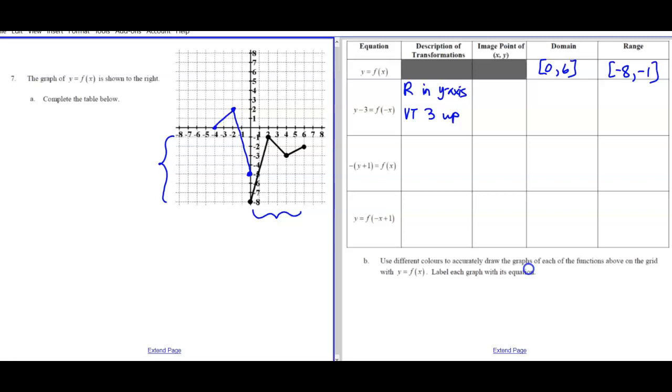This one becomes -6, and then 3 up. It should look the same shape, but in this case, a reflection and a translation. In general, x has changed sign, and y we've added 3 to it.